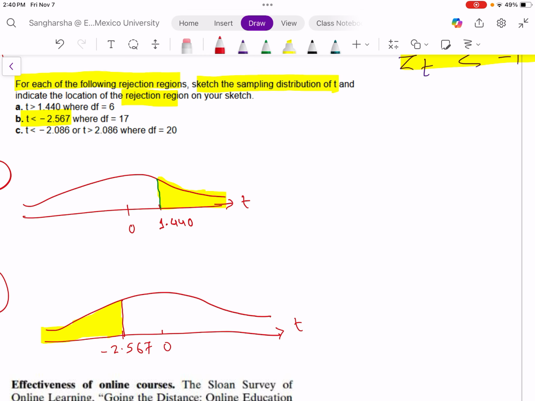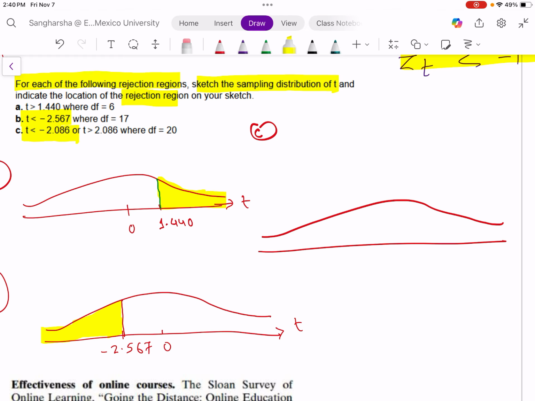For part C, if our T is less than negative 2.086 or if T is greater than positive 2.086, we reject our null hypothesis.